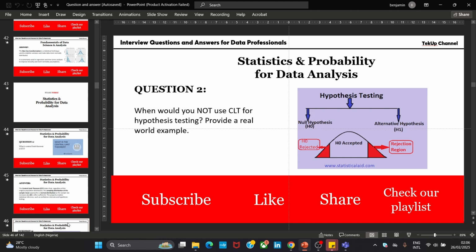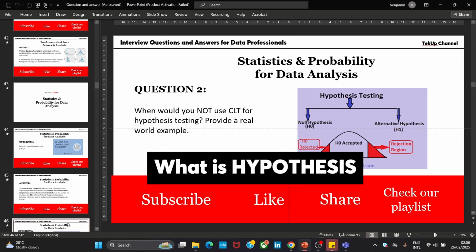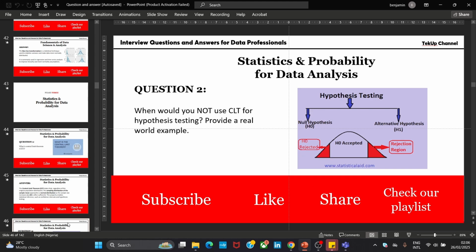Now, before we go into stating when we would not use CLT for our hypothesis testing, let's go ahead and know what a hypothesis is. You must have been hearing this word hypothesis even during your research or your project building in school.